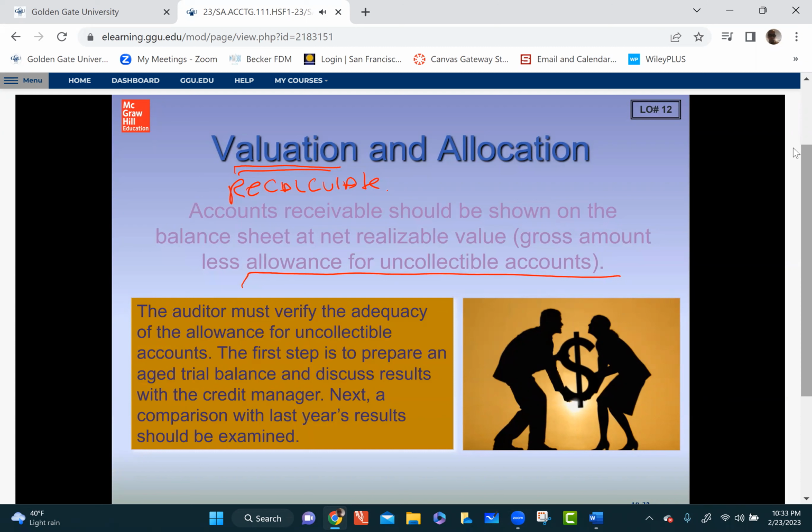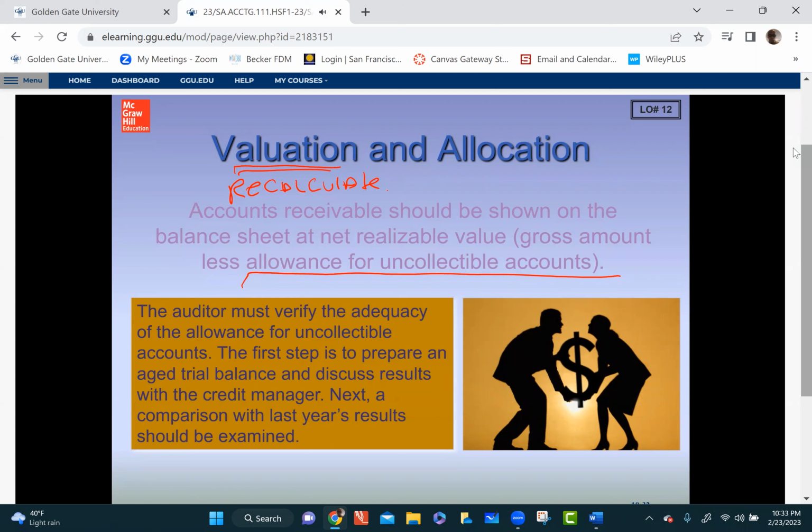And then we're going to be looking at confirmation here pretty quick. And for confirmation, we're going to be primarily testing the existence assertion. But by the same token, you could get some sense of valuation, in that if a client's customer is coming back and saying, well, look, I'm not going to be able to pay on this receivable, or they're giving you some different additional information, that could help a little bit with valuation.